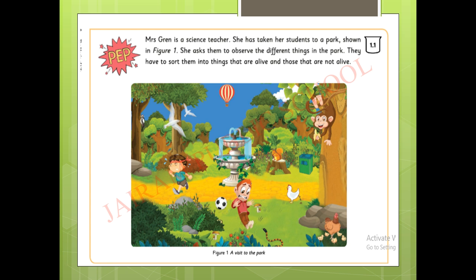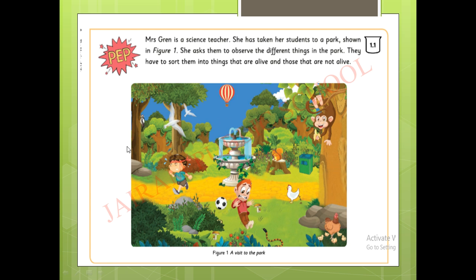Children, now you observe the picture. Can you identify what living things are present in this picture? Yes, exactly. A woodpecker, birds, a boy, another boy, a snake, hens and chicks, two hens, a squirrel, a monkey.